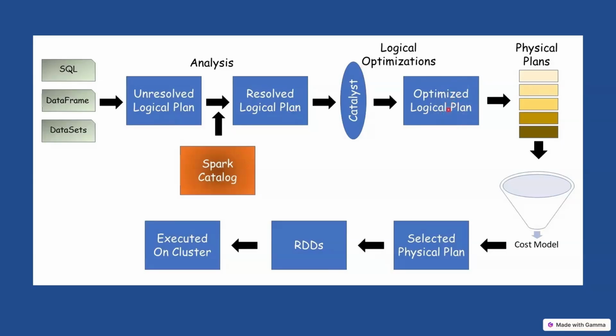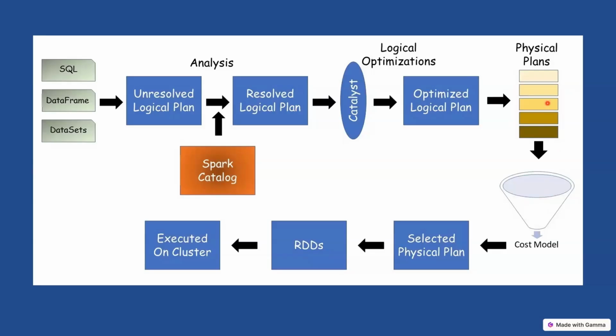Now of course once the plan gets created, it needs to execute, right? Then it creates multiple physical plans basically. And that physical plan, it's a cost model basically. What does this cost model do? It sees where I should execute, on which node, and other things, so that you consume very less compute from your cluster.